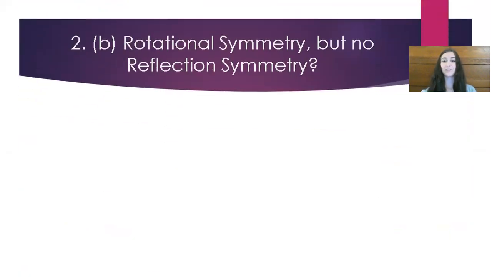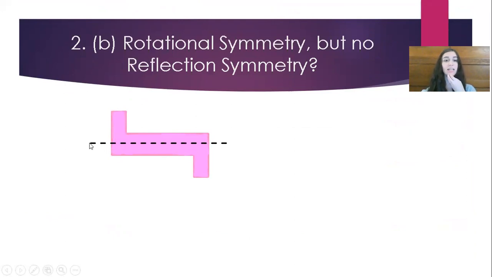Now the next part of this question wants us to look at shapes that have rotational symmetry but no reflection symmetry. This is the first shape we have, and if you draw a line such as this one, and if we folded it along this line right here, the line of symmetry, the lines and the edges would not meet up perfectly.